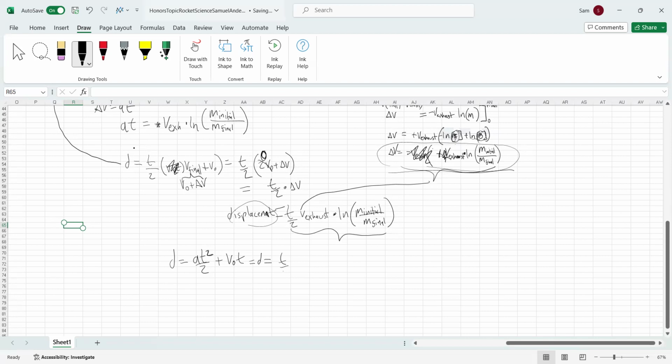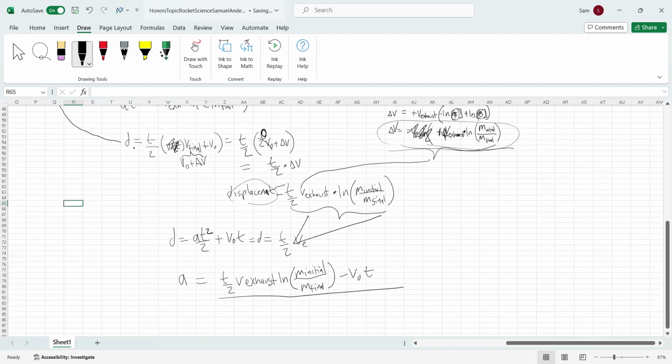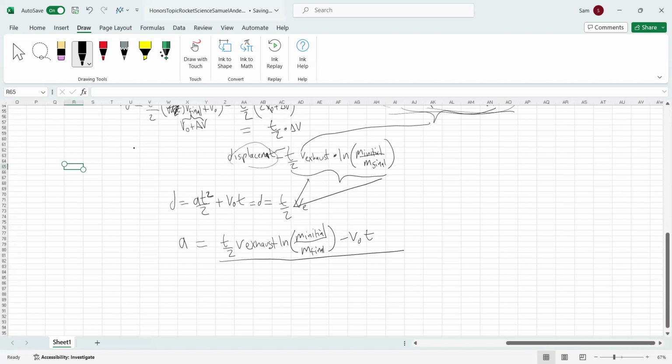And so is the other thing. Time over 2, velocity of the exhaust. Just substitute in there. So if we're looking for acceleration, we would get acceleration is equal to T over 2 V exhaust ln mass initial over mass final minus V naught T, all over, taking the T squared over 2 and inverting it, we get T squared.